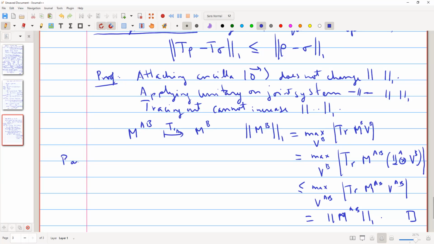The partial trace has this property. Check that the trace of M B times P, with respect to any matrix, let us call it P, it doesn't have to be unitary, is equal to the trace of M AB times P tensor identity A.